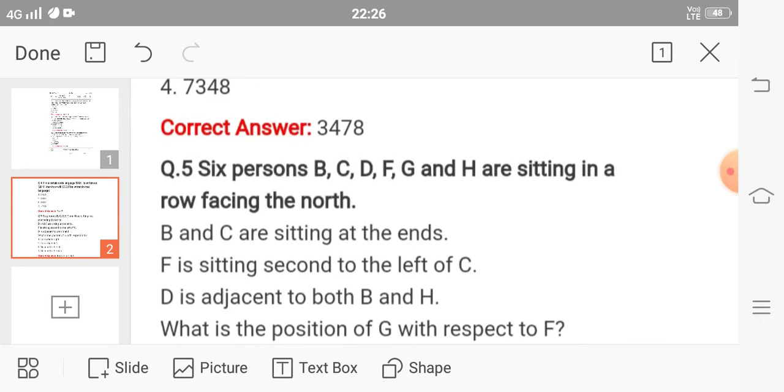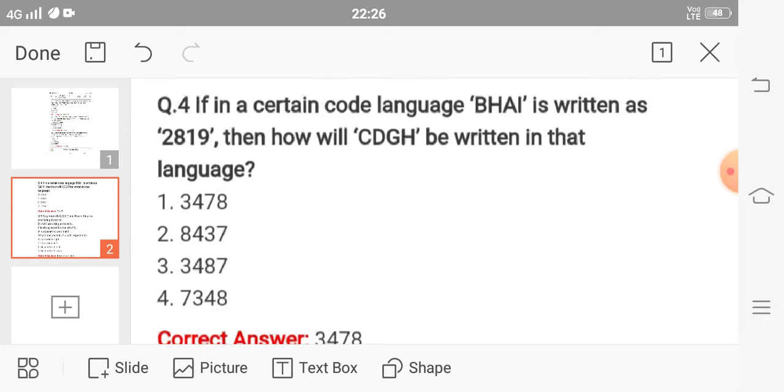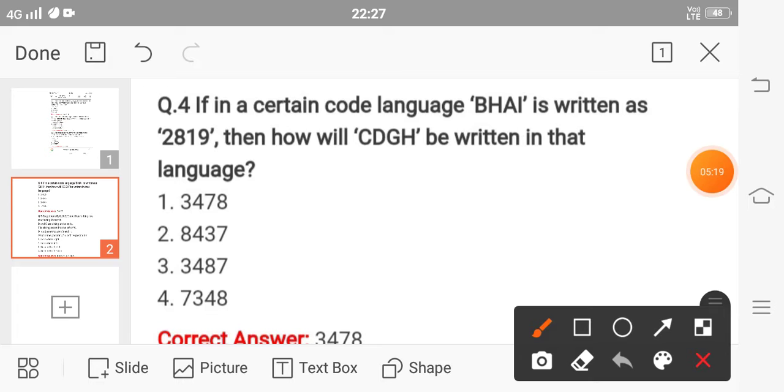Next one. If in a certain code language BHAI is written as 2819, then how will CDHG GH be written in that language?